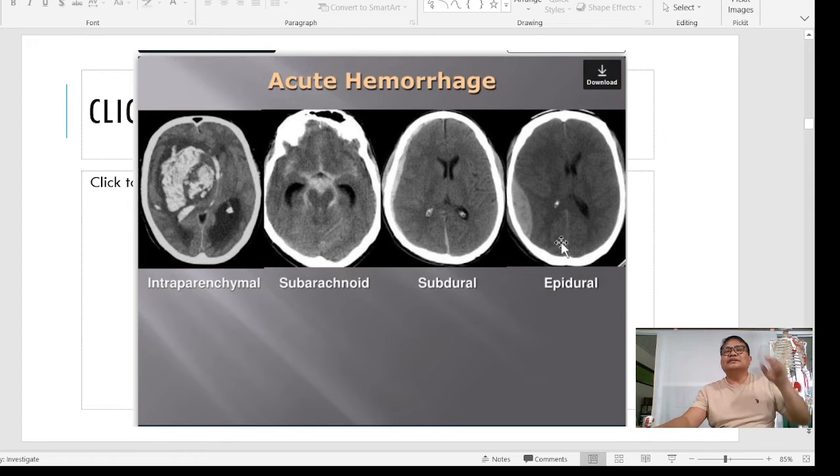And then, we have here subarachnoid. So, subarachnoid means it is between the dura and the arachnoid. So, asa mo siya dapit ang imong swelling or ang hemorrhage na hitabo. Let's look at the deviation sa ato ang brain. Each part of the brain has deviated, ni gamay ug ni dako.